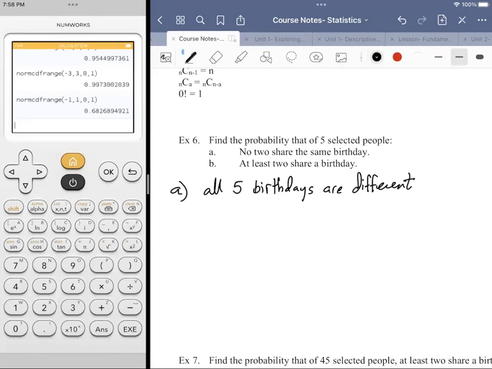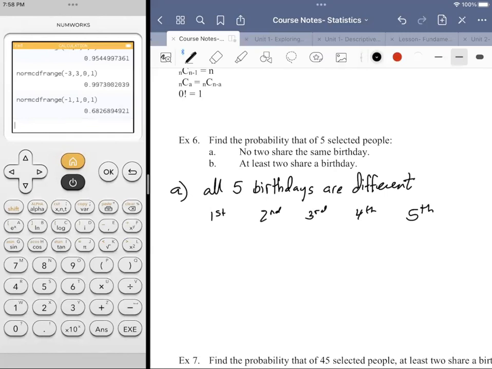All the birthdays are different, which means that the first person can have a birthday unrestricted. It could be any day out of the year. So we'd have the first person, second, third, fourth, and fifth person.